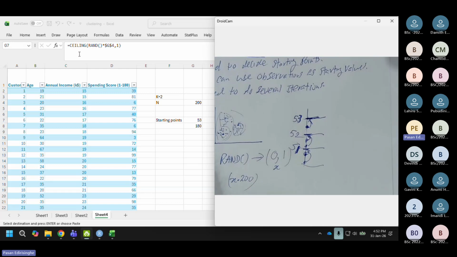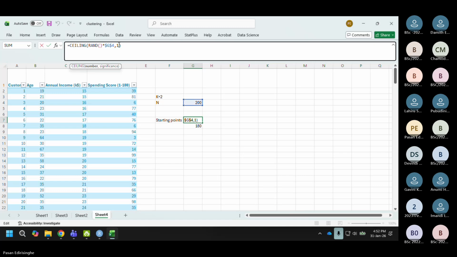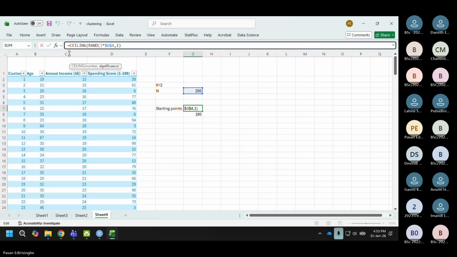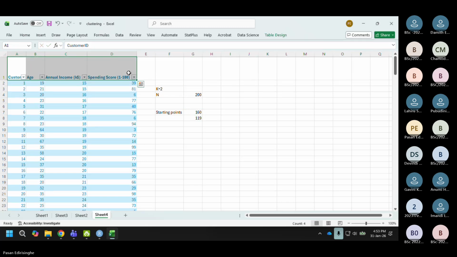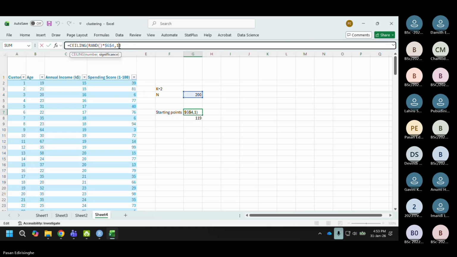And then putting 1 here indicates the significance.